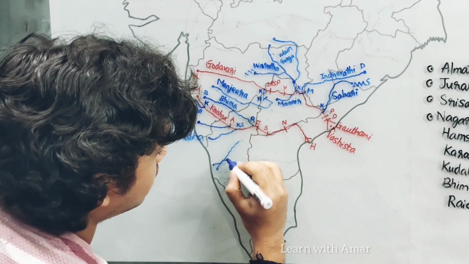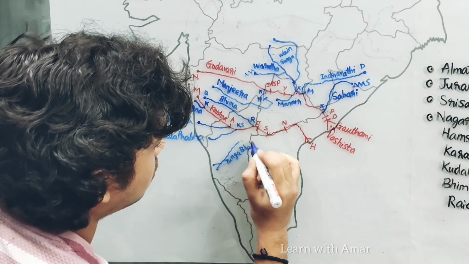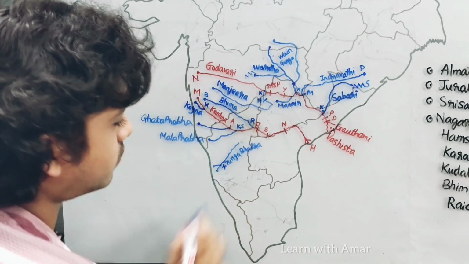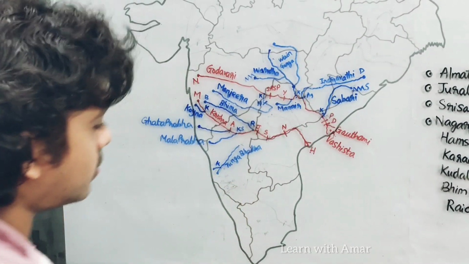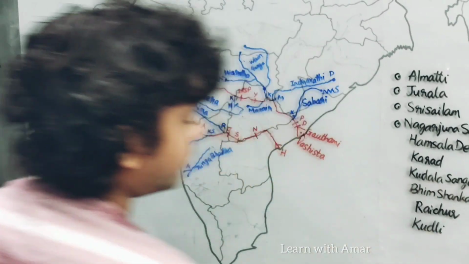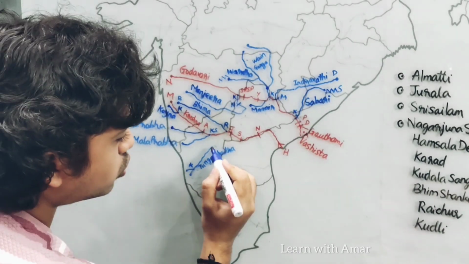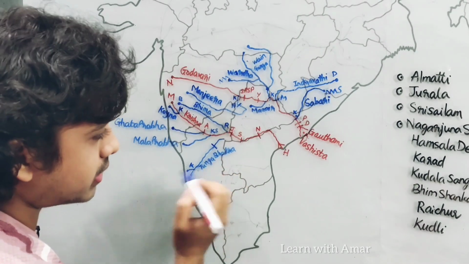So this is Tungabhadra, and they both form at Kudali in Karnataka. So Tungabhadra flows through Karnataka. It also has a dam on it, and it is Tungabhadra Dam.